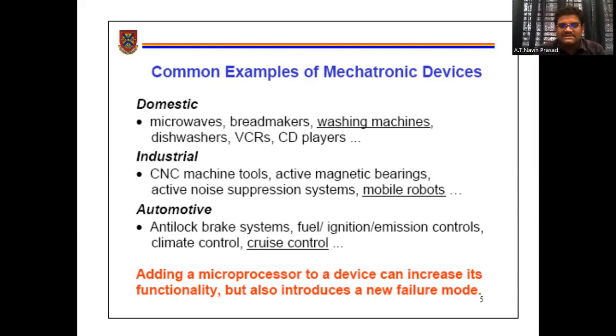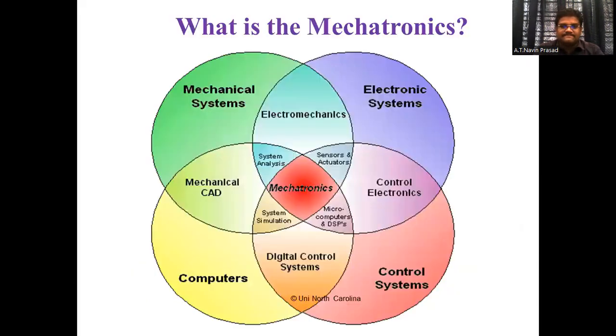In automotive systems, we use mechatronics for the anti-lock braking system, fuel injection and emission control, and mainly for cruise control. By integrating microprocessors, we can increase functionality and also reduce failures.